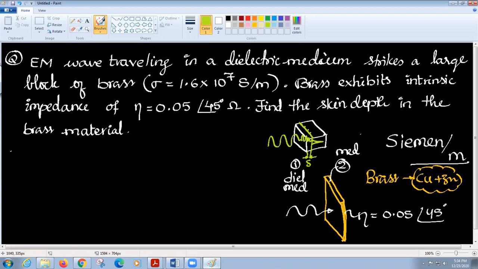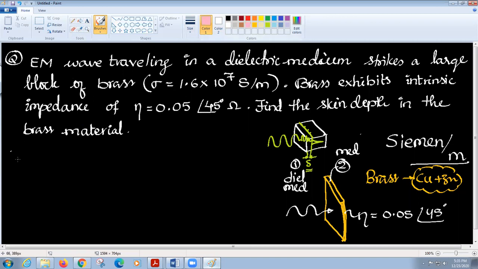So delta is the depth of penetration beyond which the wave almost decays to zero. We already studied skin depth in detail, so I don't want to go into those details now.